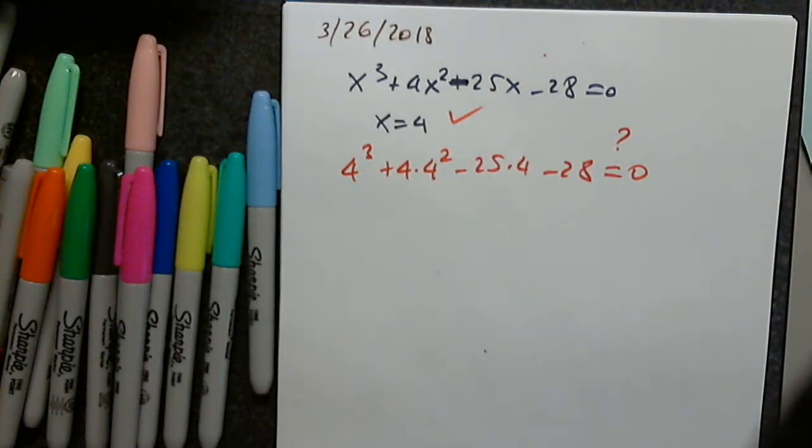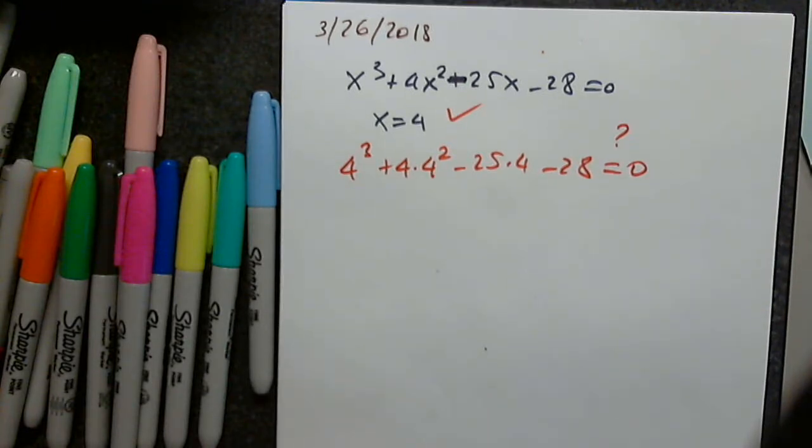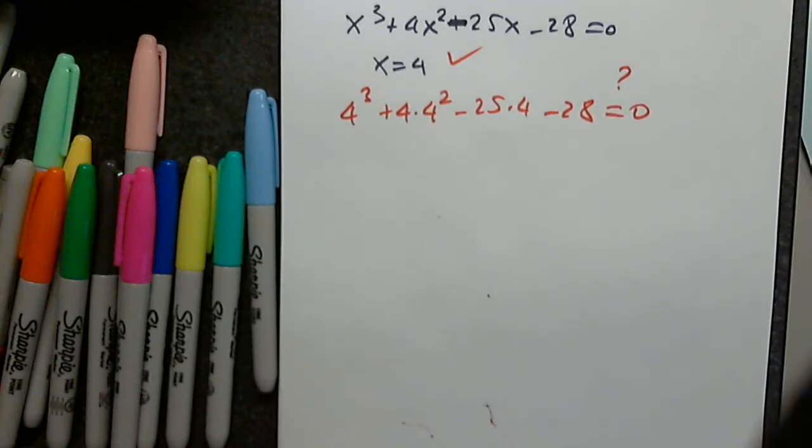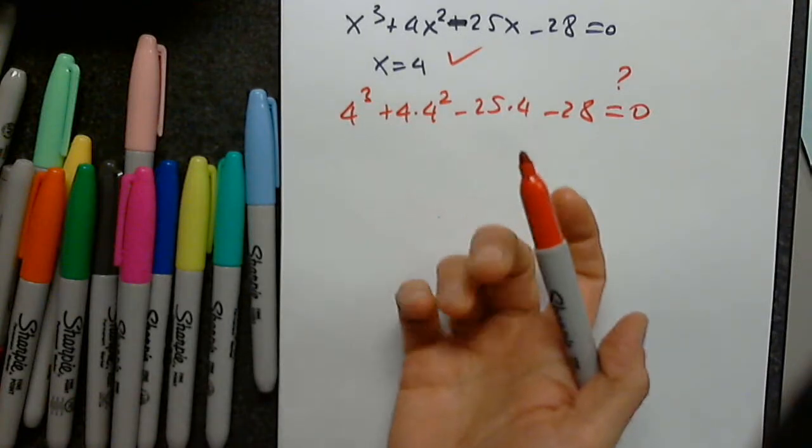Good. Now we are also asked to find the other solutions. How many solutions am I looking for now? Two more, because the degree is 3. Once I have one, I can only find two more. So how will I find the other two? Synthetic division.